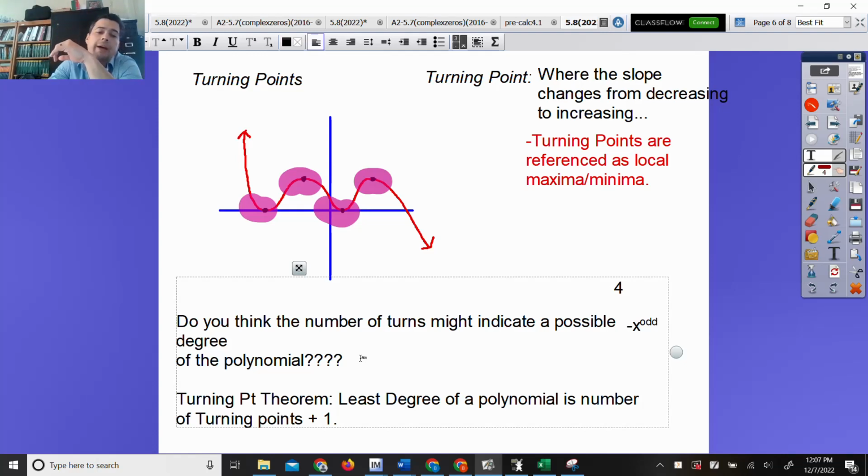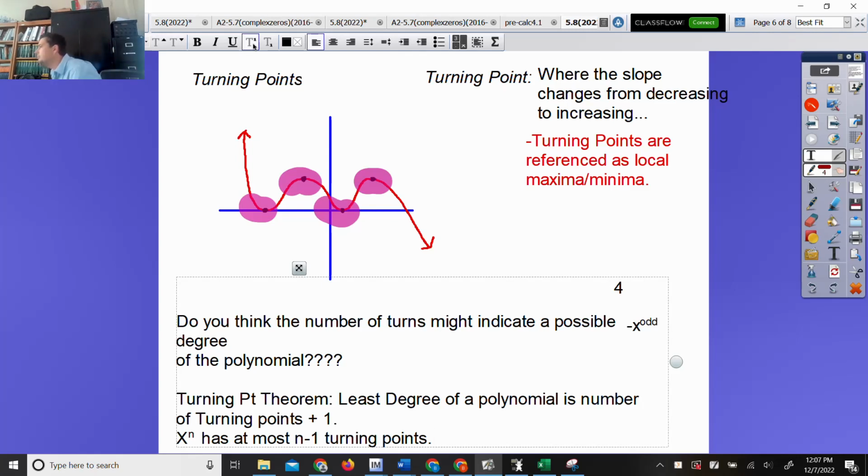If you want the actual mathematics definition, it is that x to the n has at most n minus 1 turning points. Which is a hard definition for some kids to understand. I mean, heck, it's got the letter n. You guys still aren't sure what a sub n is. Are you? That's turning point theorem.